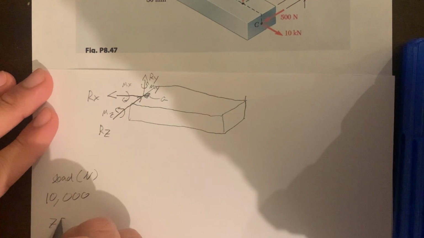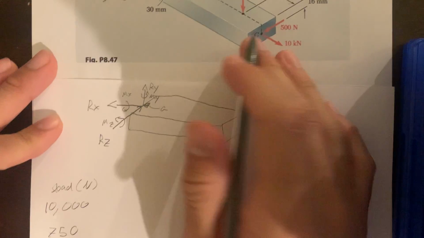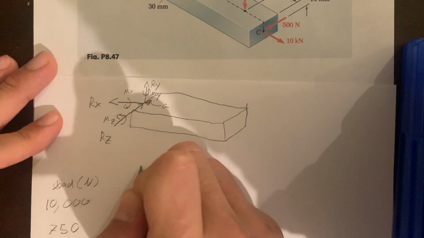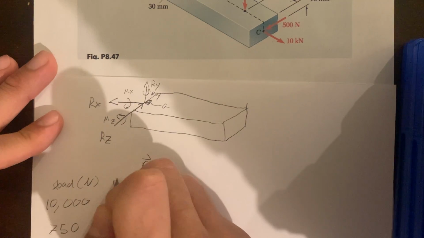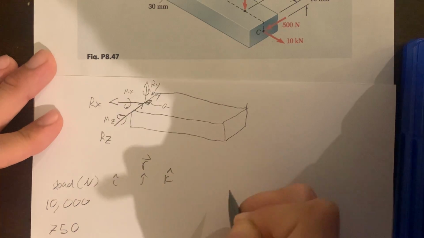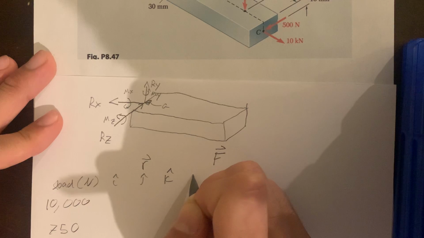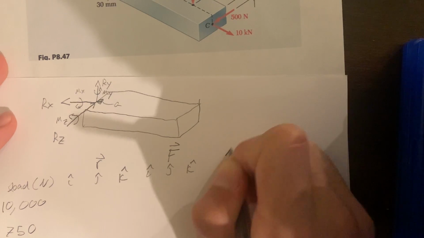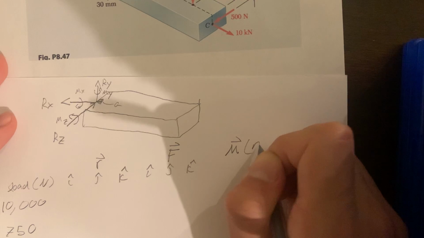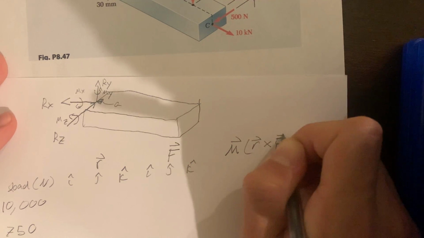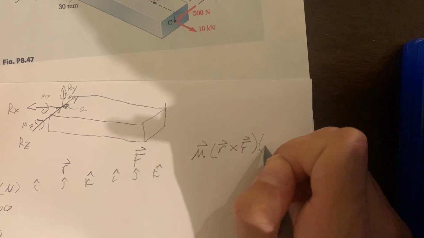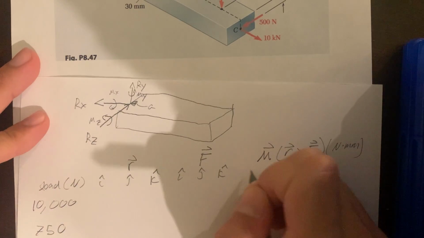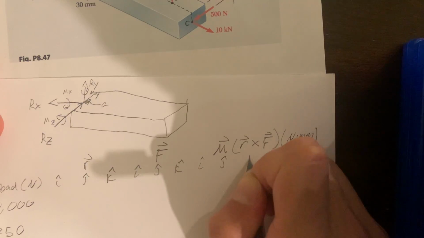We will have 750 in the Y over here, and then we will have 500 in the Z. And now we're going to have our R vector, or position vector, with respect to I, J, and K. We will have our force vector, also with respect to I, J, and K. And finally, we'll have our moment vector, which is just the cross product of R and F. I'm going to keep this in newton millimeters because that can convert to megapascals easily, and that will also be with respect to I, J, and K.